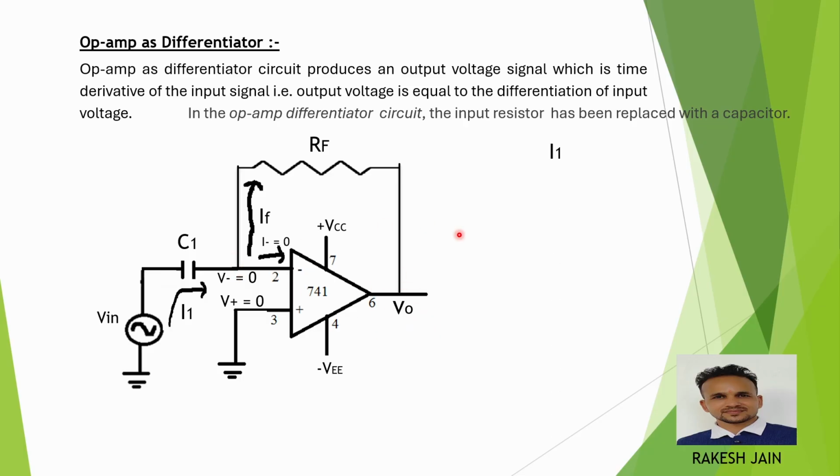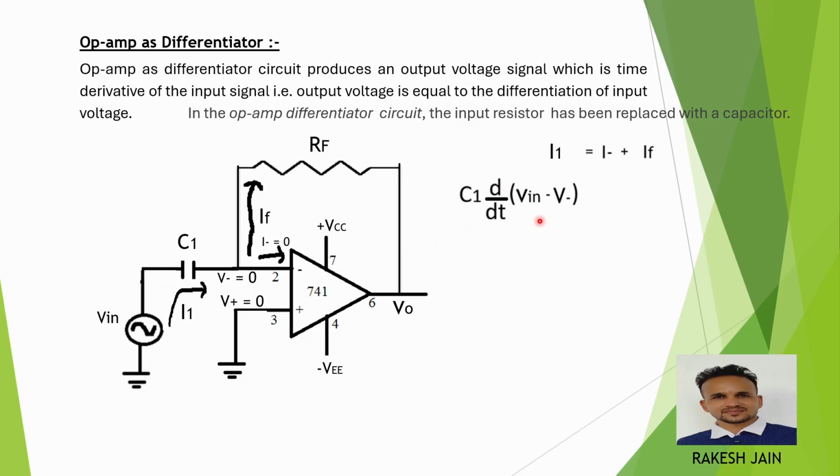So at this node, by Kirchhoff's current law, incoming current equals the sum of outgoing current, that is I1 equals I minus plus IF. What is I1? When a current passes through the capacitor, the current is given as C d by dt of the voltage difference between the two terminals of the capacitor. So here one terminal is connected to V input and the other terminal of the capacitor is connected to V minus.